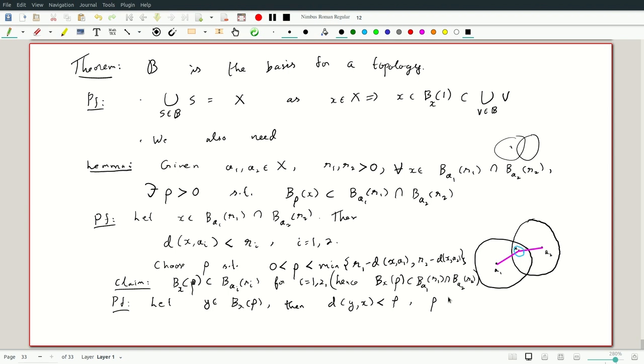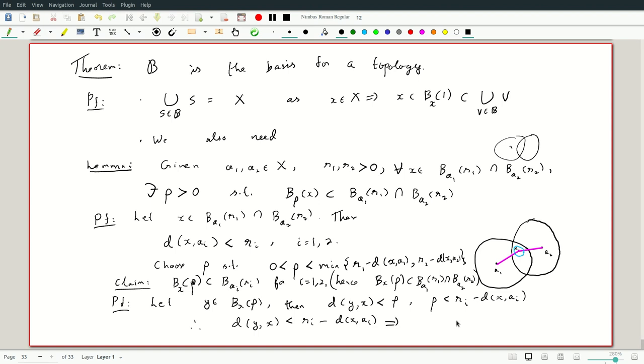And you also know that rho is less than Ri minus the distance between x and Ai. Therefore, the distance between y and x is less than Ri minus the distance between x and Ai.